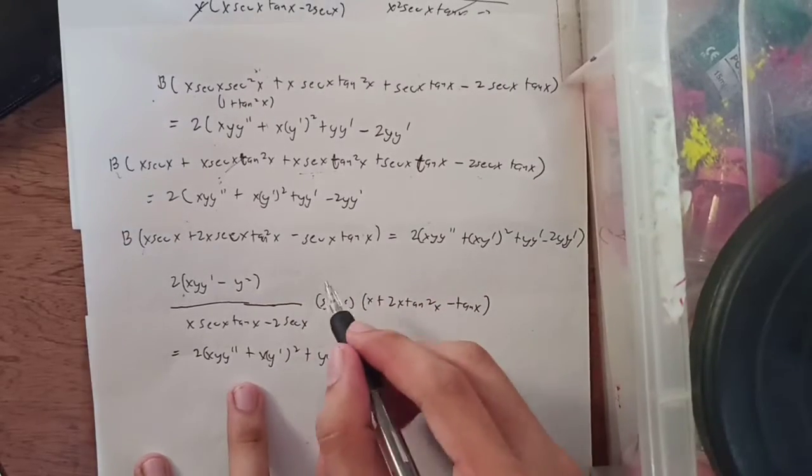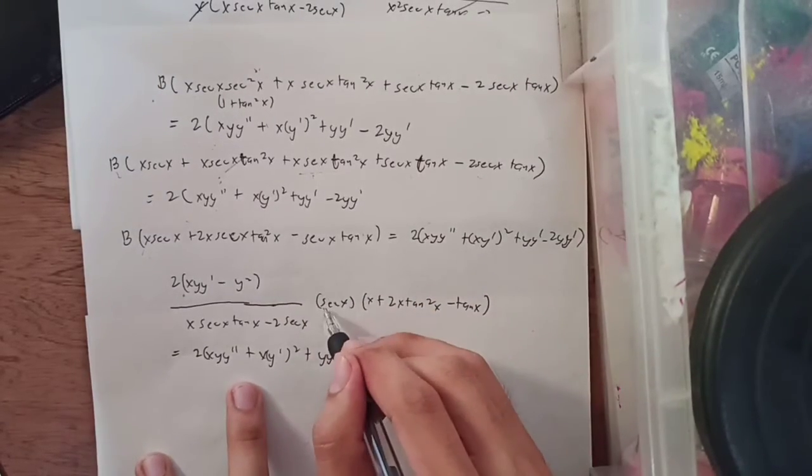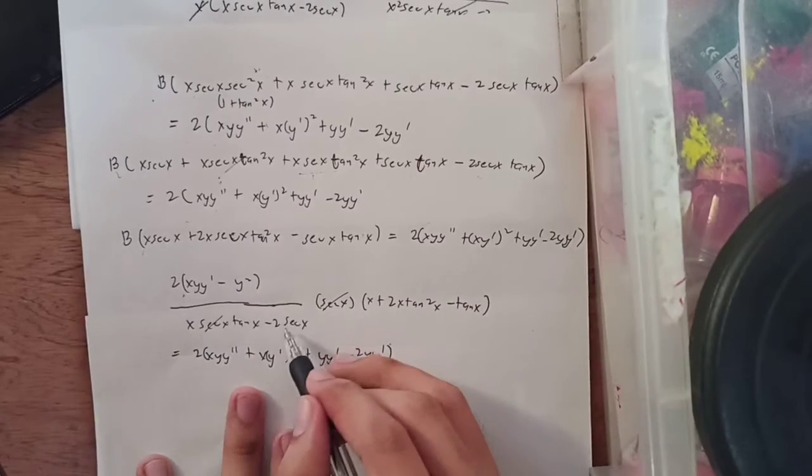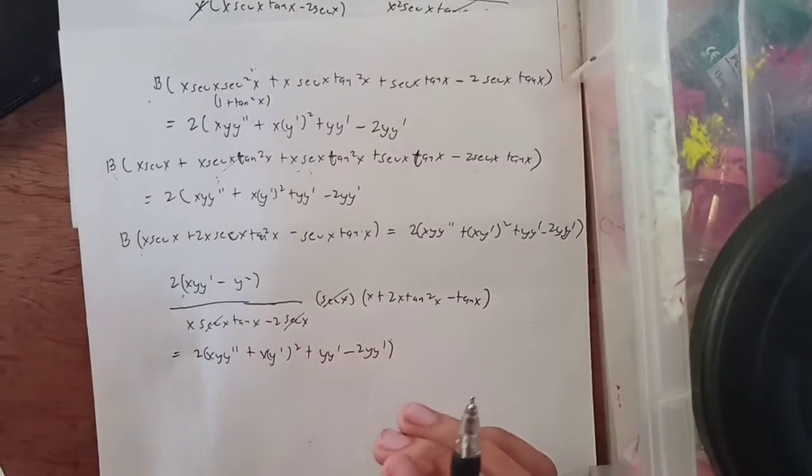Here we can cancel this secant, this, and this. You can factor that out.